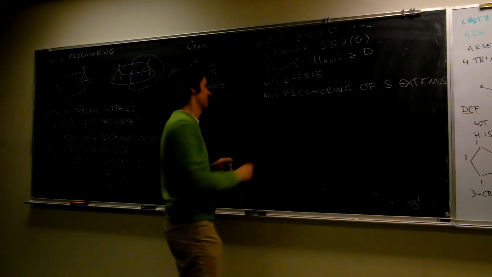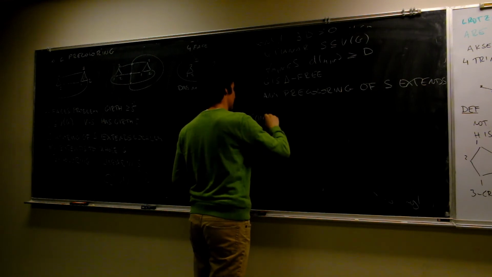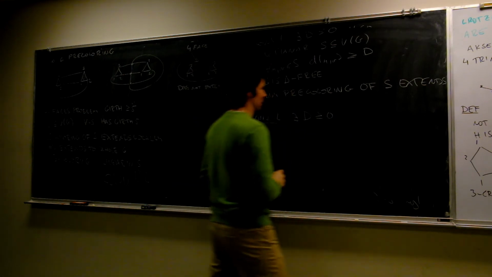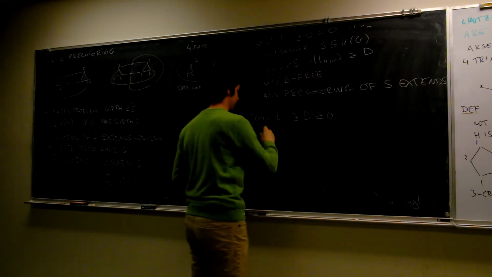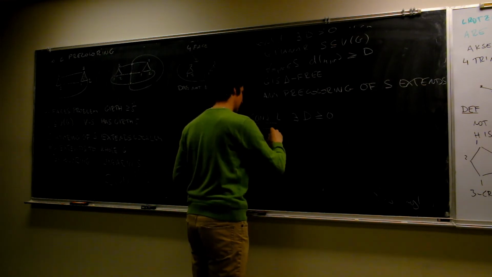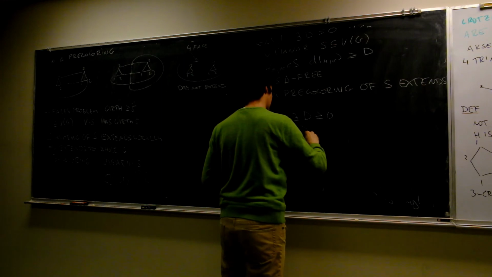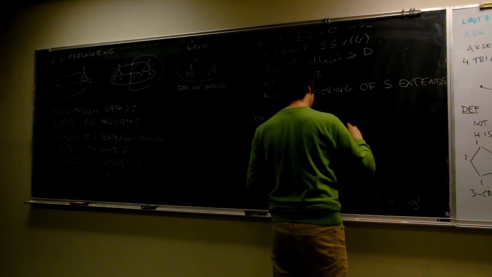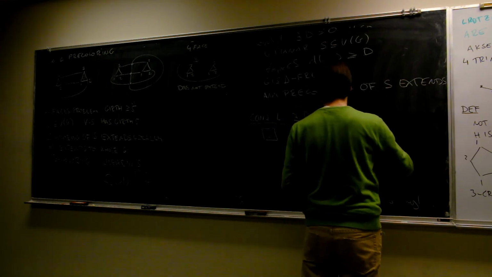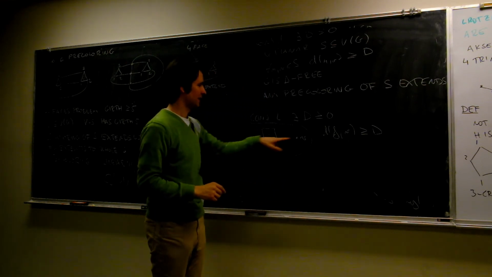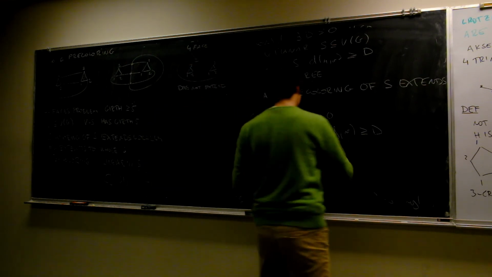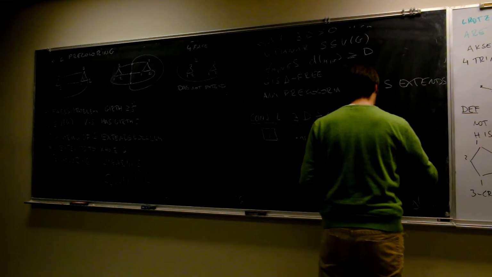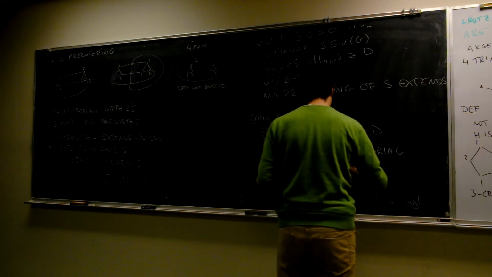And they have an easier conjecture. Conjecture 2: there exists D bigger than 0 such that if you have a 4-face F and a vertex V at distance at least D, the distance of the 4-face and V is at least D, then any precoloring of the 4-face and the vertex V extends.